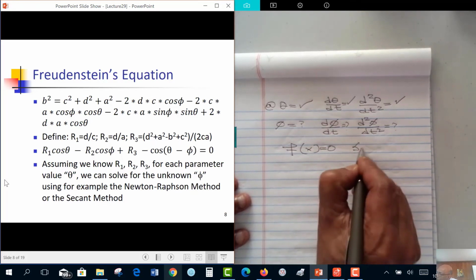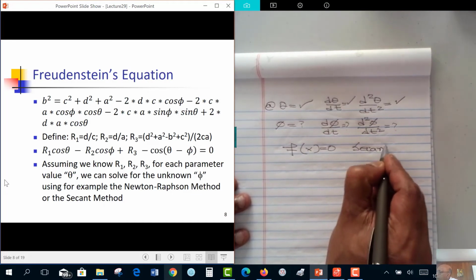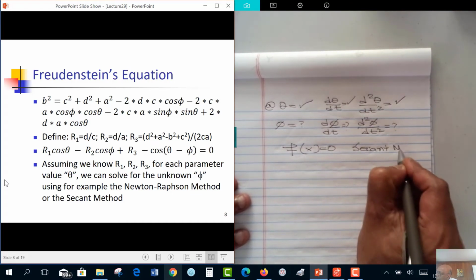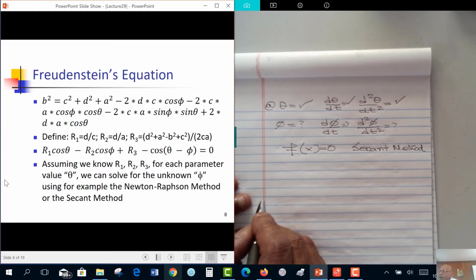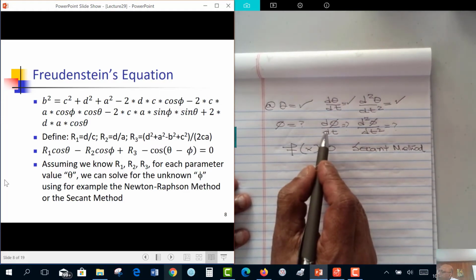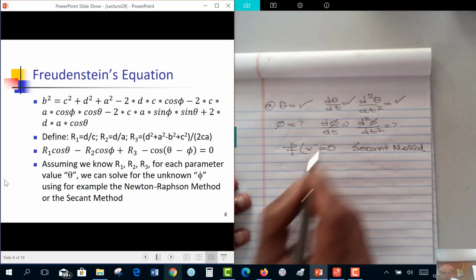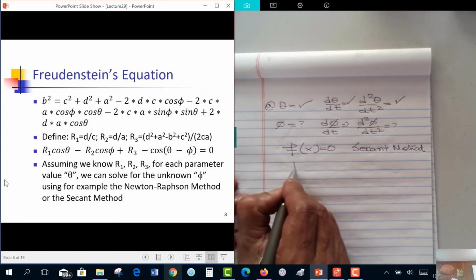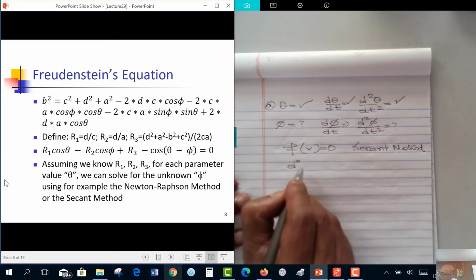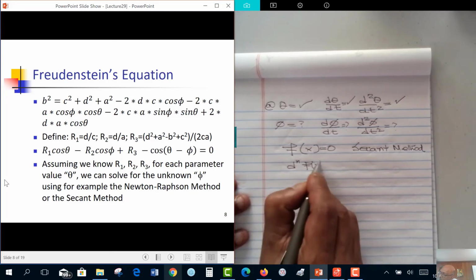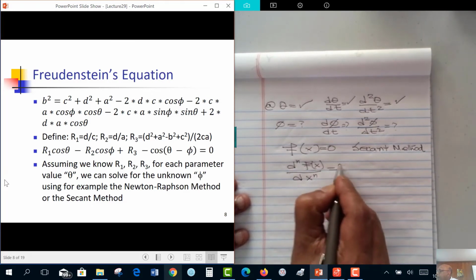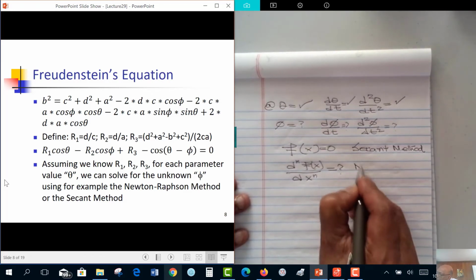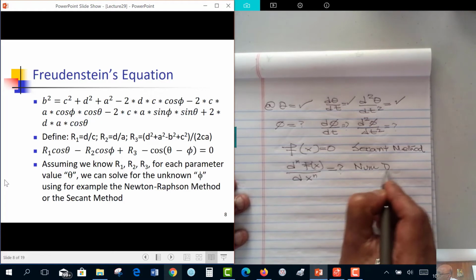So we are going to solve our transcendental equation using the secant method. Once we have solved that, then we would need derivatives. For derivatives, remember we have learned to find any derivatives, so we will use numerical differentiation.